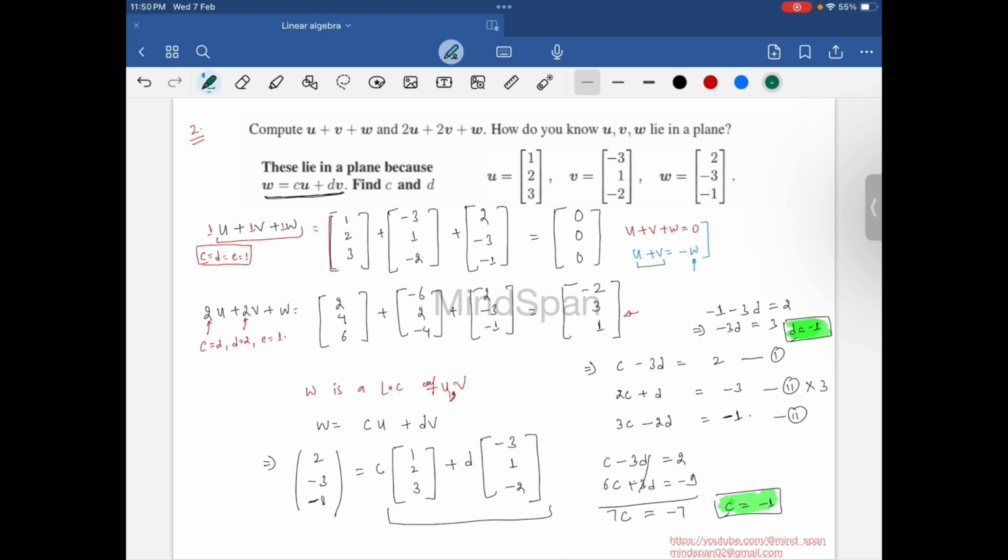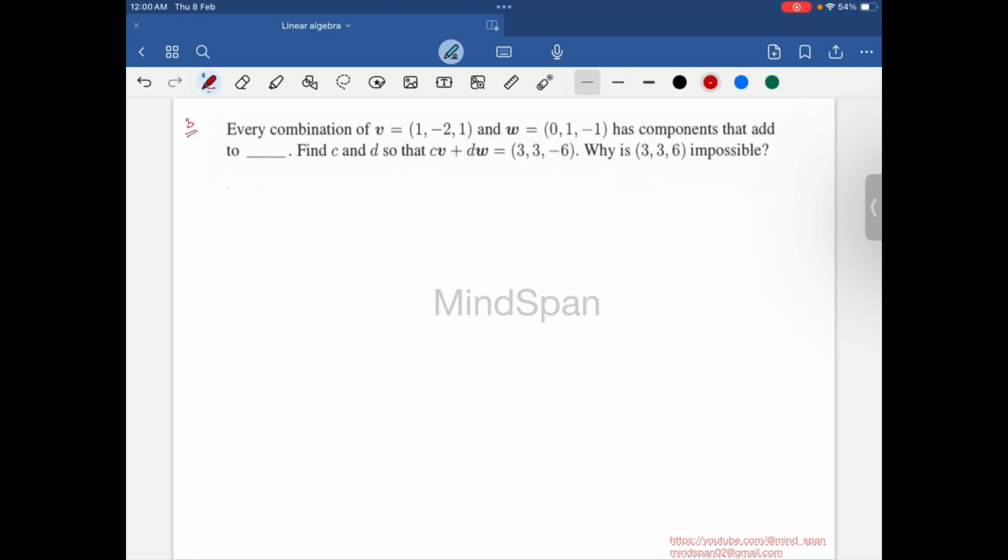So the main point to take here is that we have two vectors that are in different directions, or you can say these two vectors are independent, and this w is dependent on this u and v, right? Okay, now let's move to the next question. That was the third question.